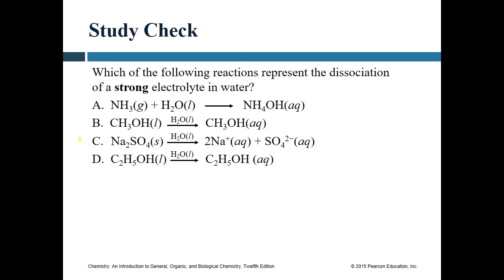There's only one reaction here that shows ions as the product. It's letter C. If I have a strong electrolyte, I'm going to have ions present to stabilize and conduct that electricity. Doesn't work otherwise.